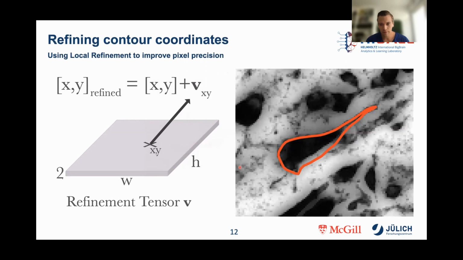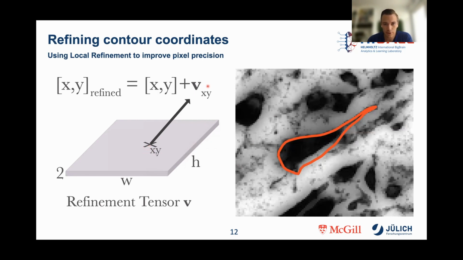In our case, we found that we can leverage the fact that we have all the XY coordinates of the contour already. So what we do is we introduce a few extra convolutions to our network and produce a 2-channel feature map. We call it the refinement tensor. So it has 2 channels, and then we can just use the XY coordinates that we already have from the contour and look at the value at the position XY.